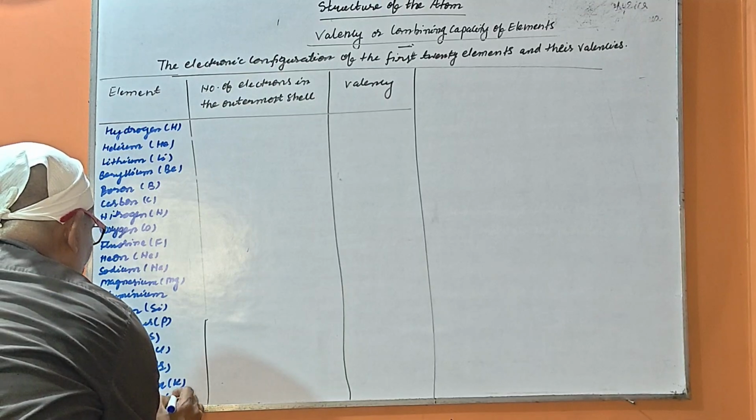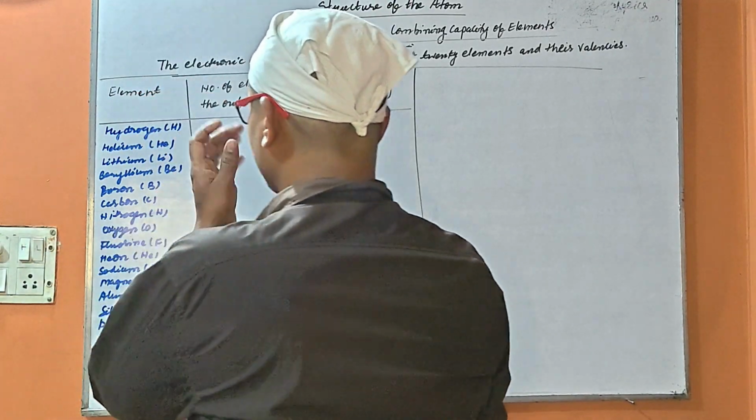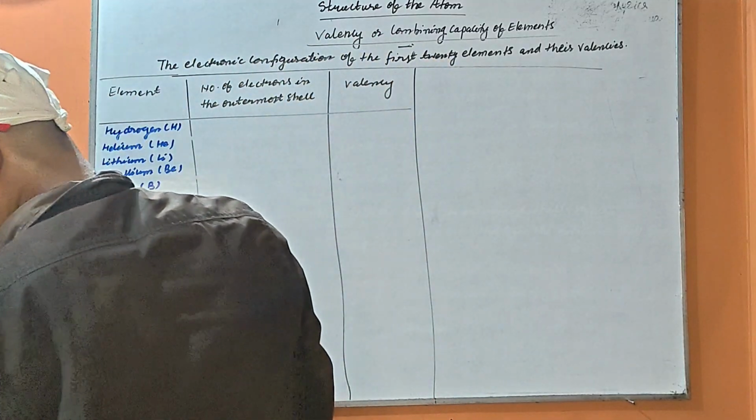These are the names of the elements, and right now we have to write the number of electrons present.